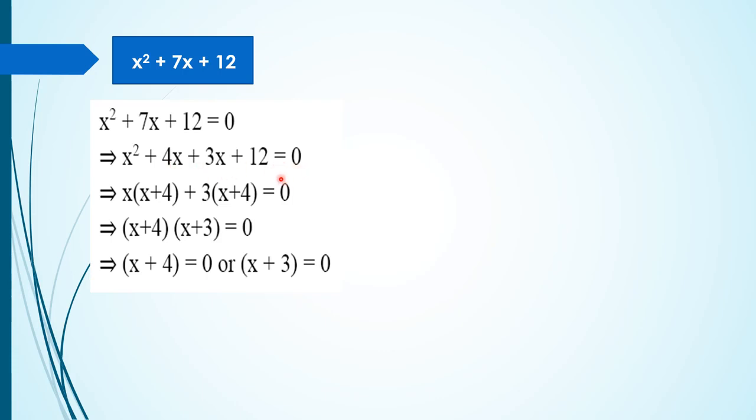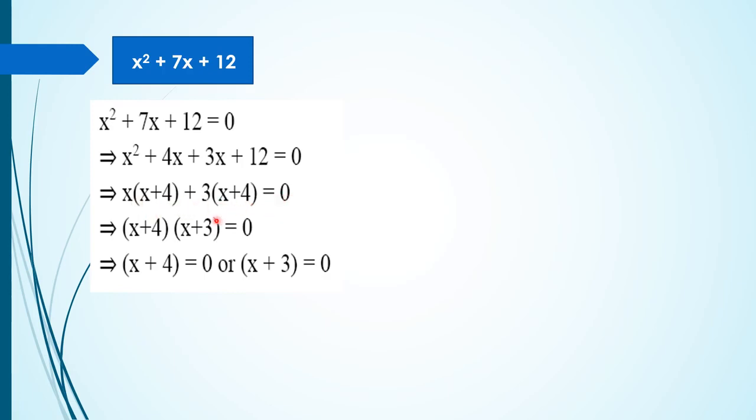Now we have 4 terms, we have to group them into 2 groups, x square plus 4x and 3x plus 12 as second group. Now in the first group we can take x common, x into x plus 4, plus in the second group, I can take 3 as common, 3 into x plus 4 is equal to 0.